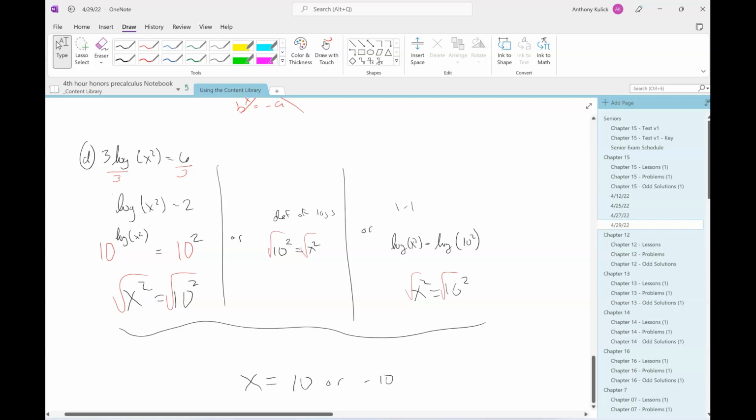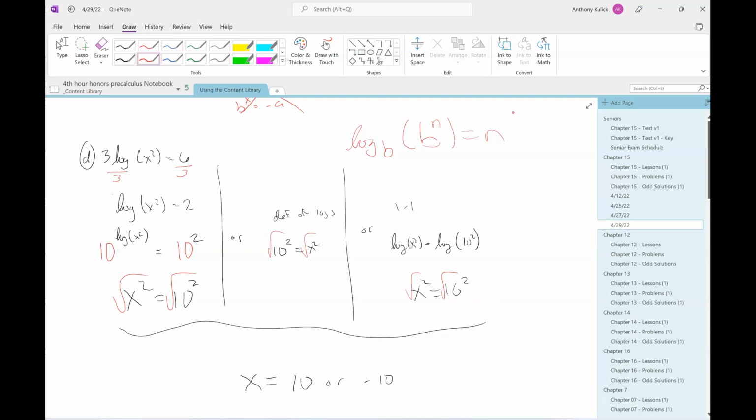Remember, this was a property that we had way back in section 15.3.